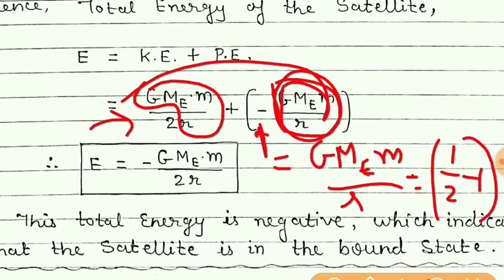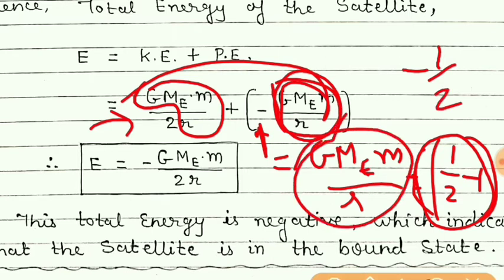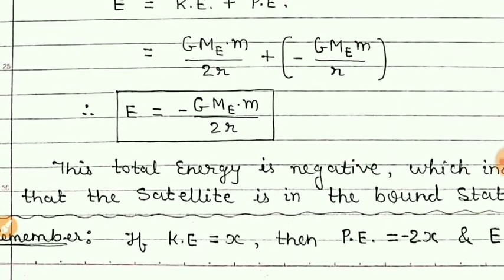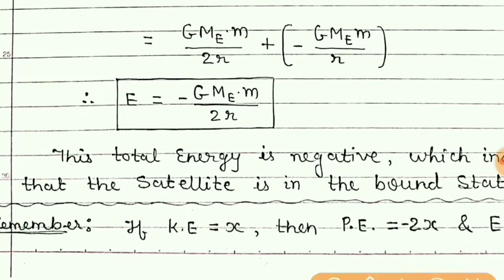Here it is minus, and 1 by 2 minus 1 will be minus 1 by 2. This is simple mathematics; you can easily do it by taking the LCM. Now total energy is obtained to be minus G Me m upon 2r.